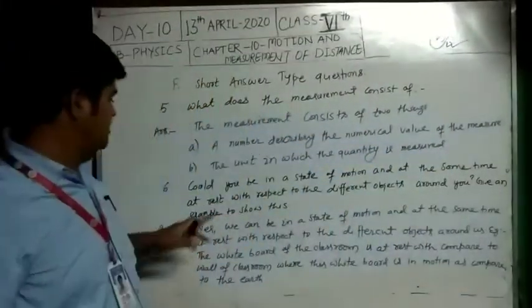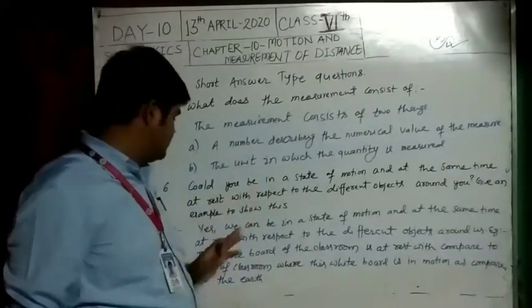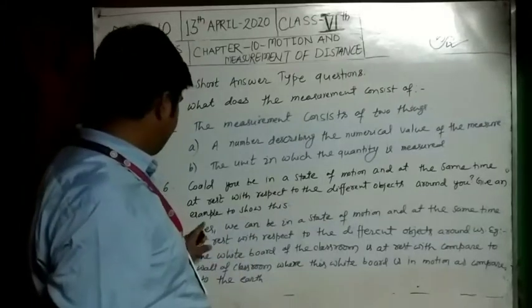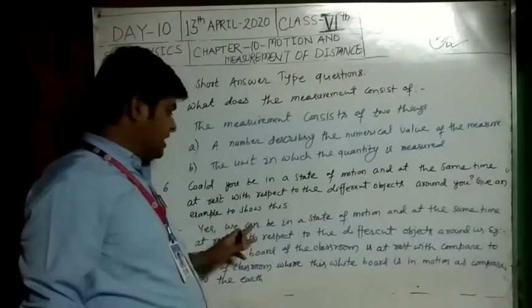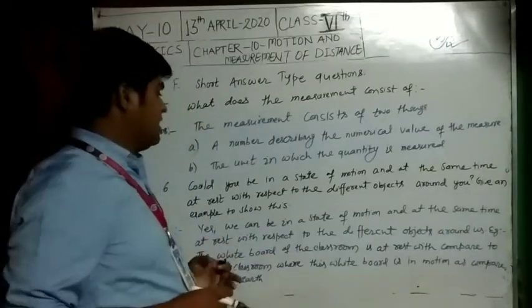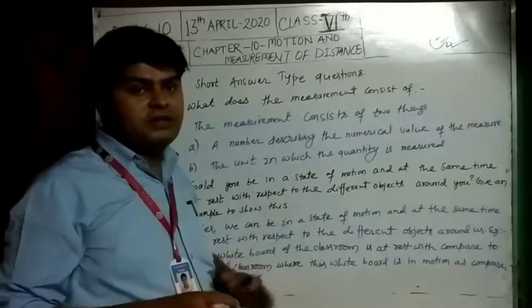Now see, could you be in a state of motion and at the same time at rest with respect to the different objects around you? Give an example to show this. I have taught this in the topic rest and motion. Any object can be at rest and in motion at the same time when compared with surroundings.